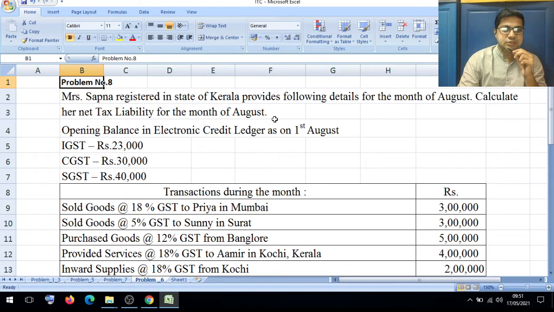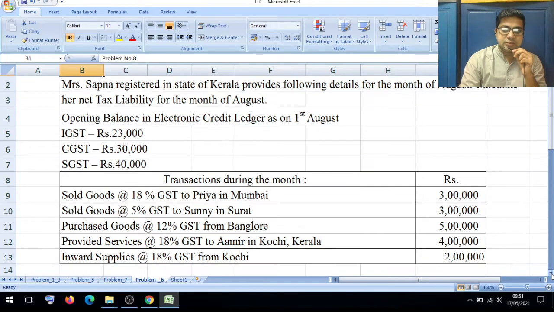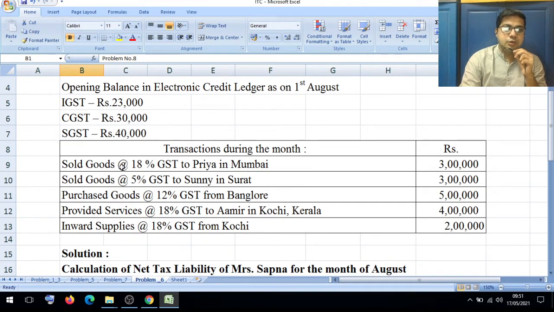On the basis of such transactions we have to calculate her net tax liability. She has provided the opening balance of the electronic credit ledger and some transactions. Two are sales of goods, then purchase of goods, then services provided, and inward supplies. These are all the transactions. On that basis, we have to find out her net tax liability.